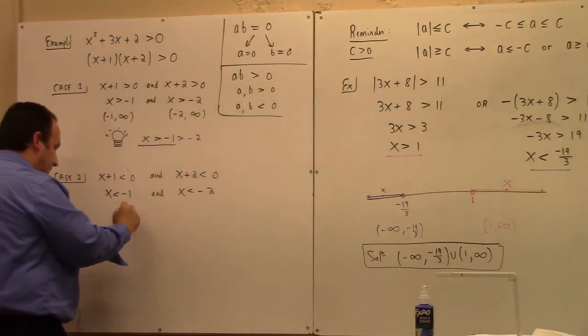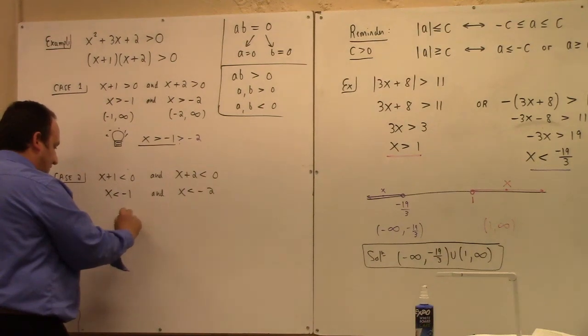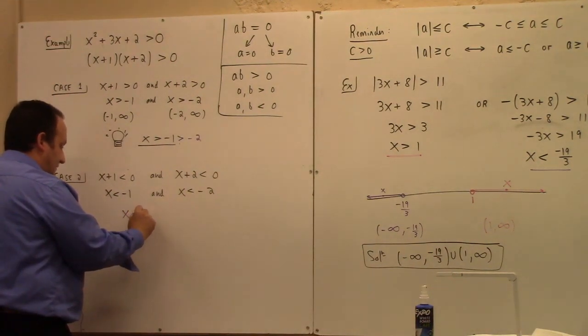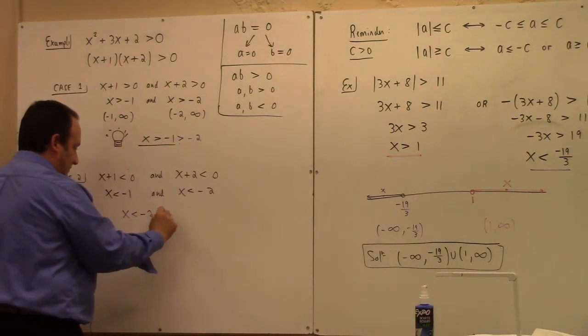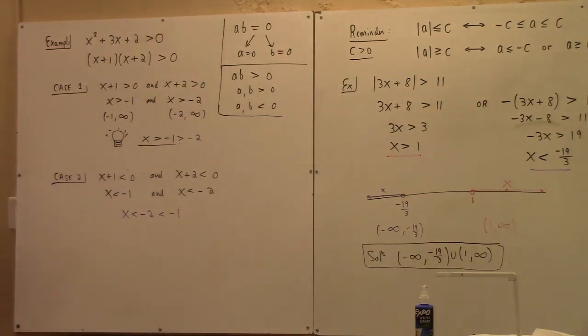Over here, if I want x less than minus 2, right? Minus 2 is less than minus 1, right? So I would choose x less than minus 2 there to get both of those conditions to work.